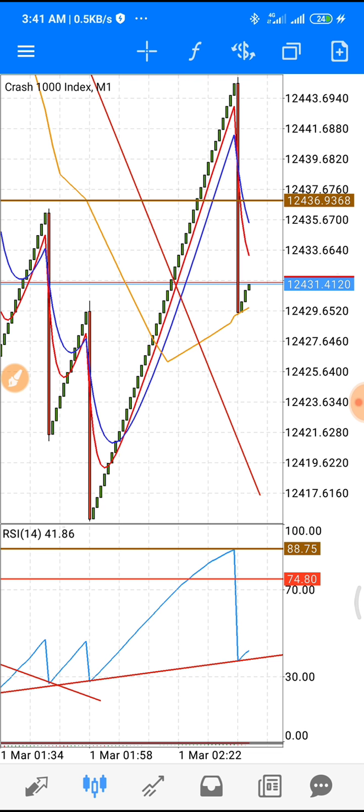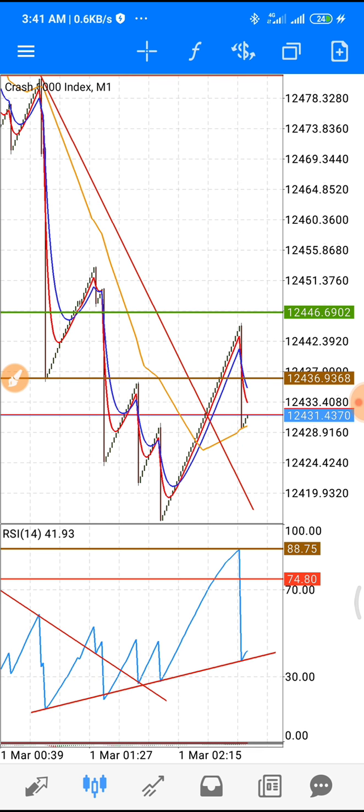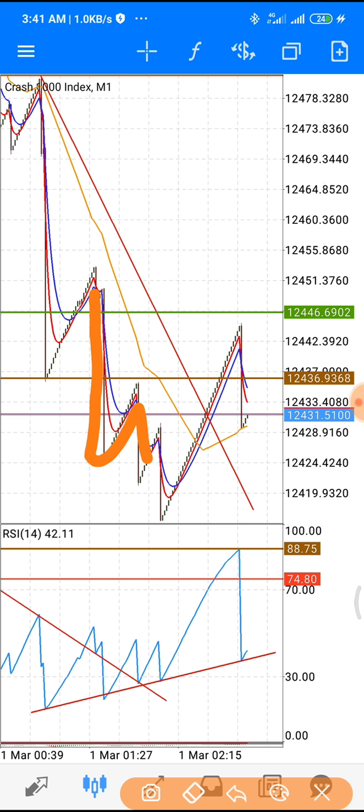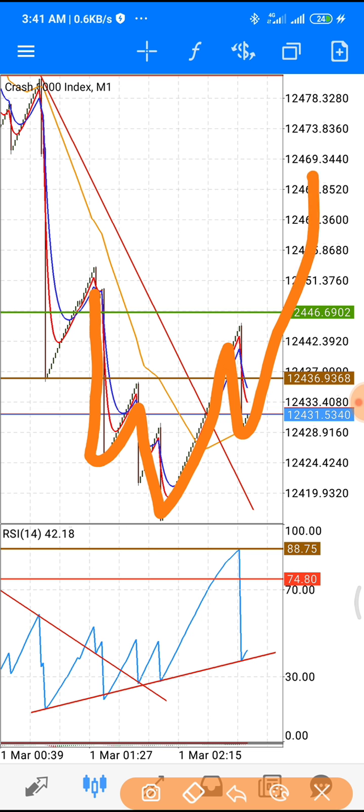And also it seems it forms something like an inverse head and shoulder. Yeah, inverse head and shoulder. So this is a very good buy signal. And for stop loss, place the stop loss below this level.